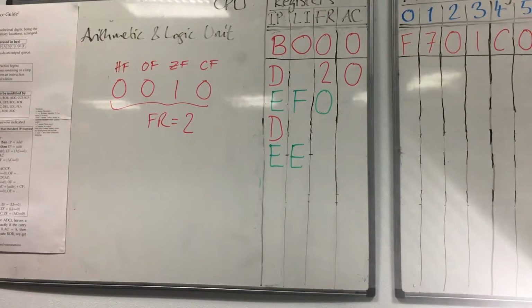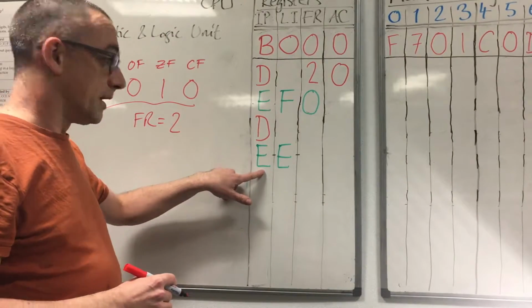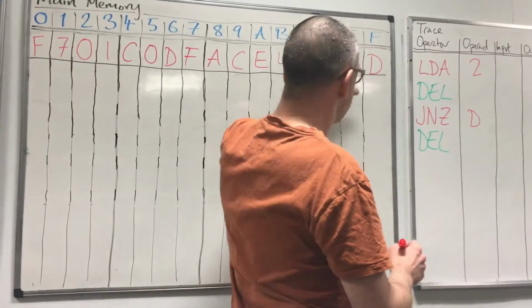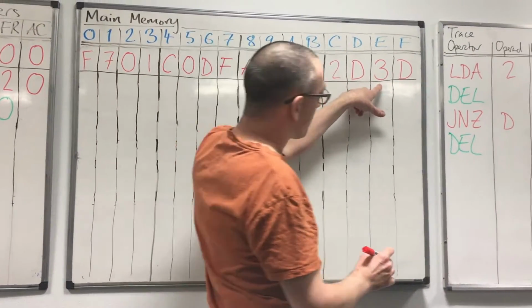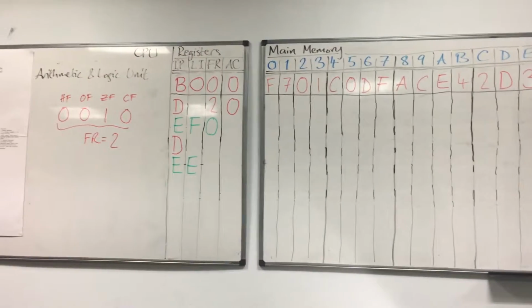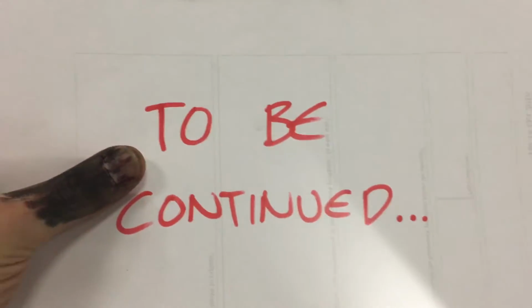It looks like we're going to be here for a while, because from instruction pointer E, we look up in main memory and we see that the opcode is 3, and decoding 3 we get jump if not 0, and it takes an operand.